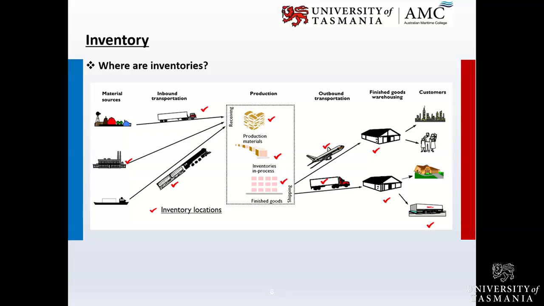In module 1, we discussed two activities. One is go activities. The other is storage activities. So here, inbound transportation and outbound transportation can be seen as storage activity or stop activities.